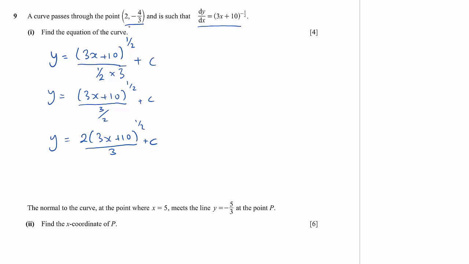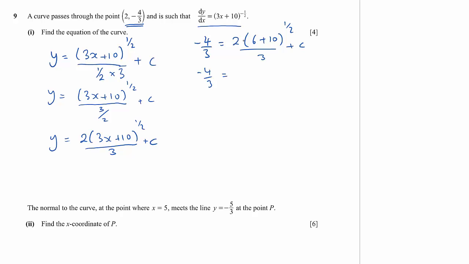Now we know here that y is -4/3 when x is 2. So we have -4/3 is equal to 2 times (3 times 2, so that's 6, plus 10)^(1/2) over 3, plus a constant. So that's 16 to the half.